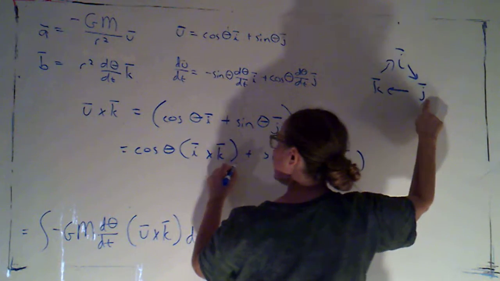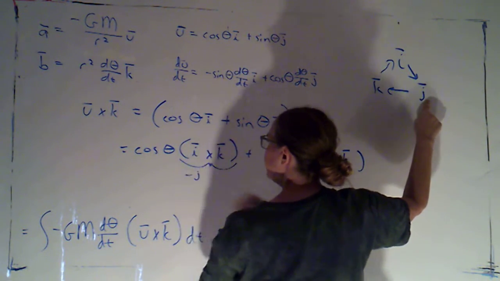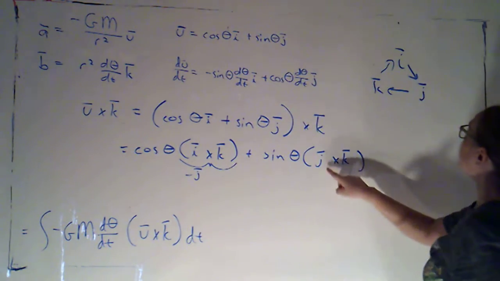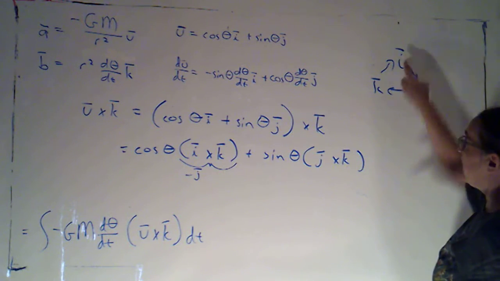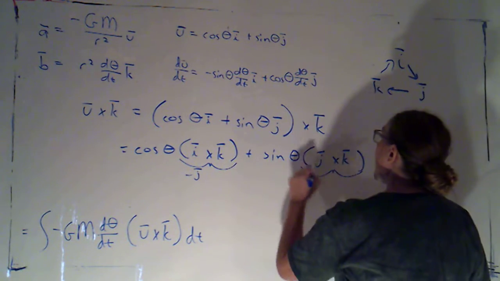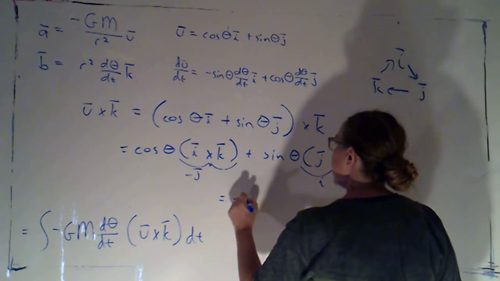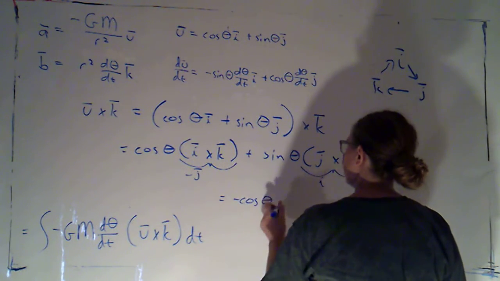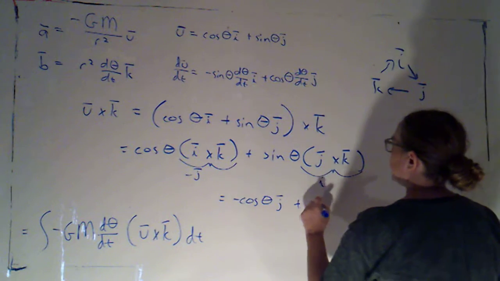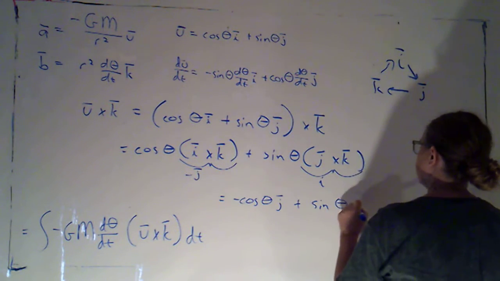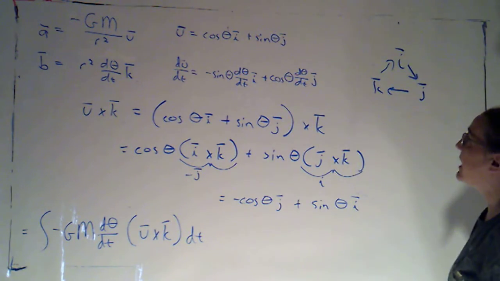So this is going to be negative j. And if I do j crossed with k, that's going to be i. So what we get is negative cosine of theta times j plus sine of theta times i.